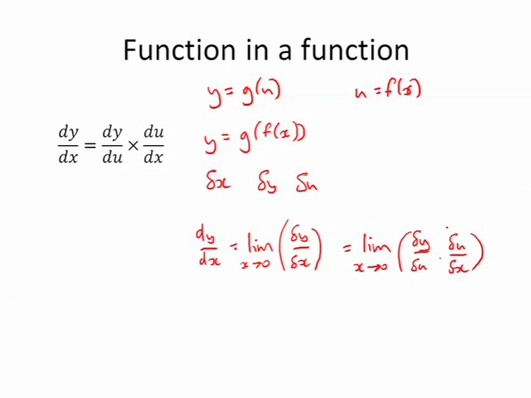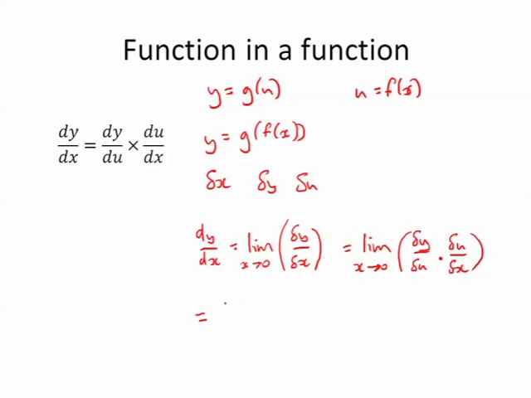Now, I haven't really explained that, but hopefully you can see that that sort of works. The next step, which again I'm not going to explain why it works, is that the limit of these two things multiplied together is the two limits multiplied.